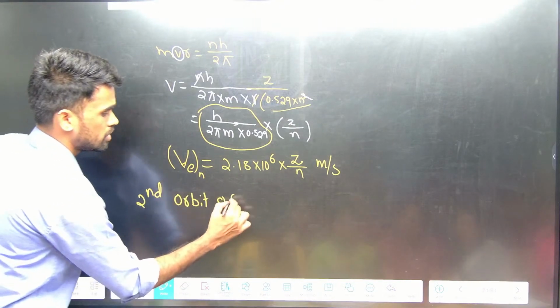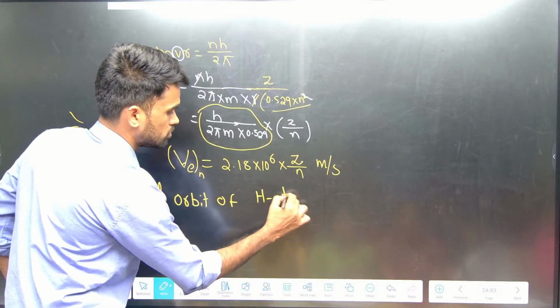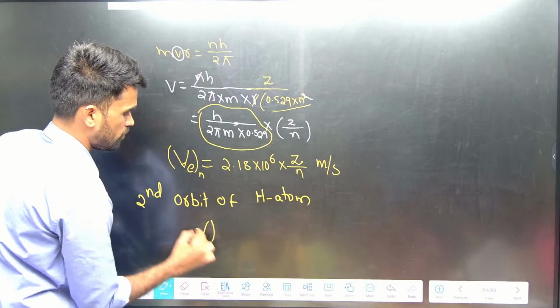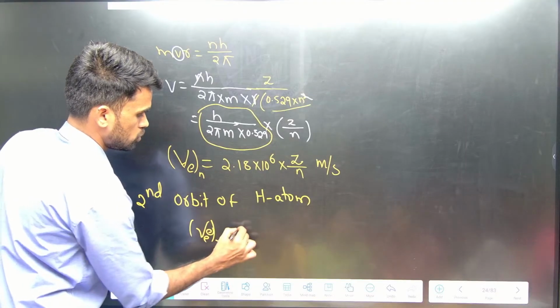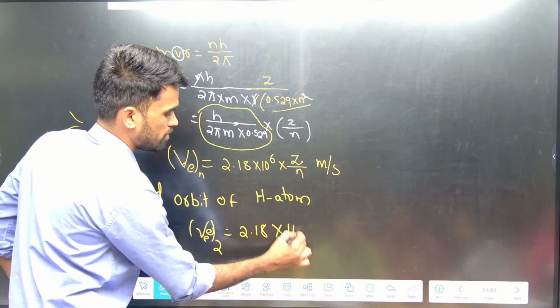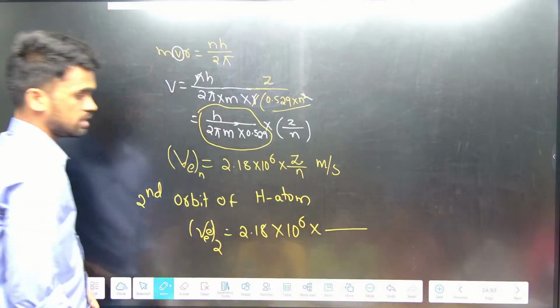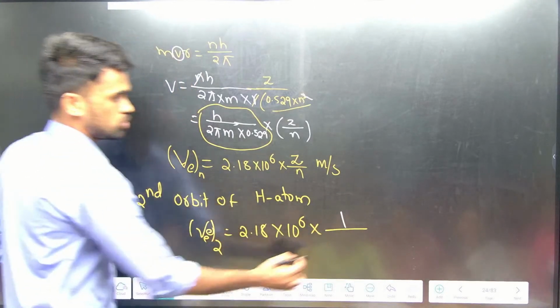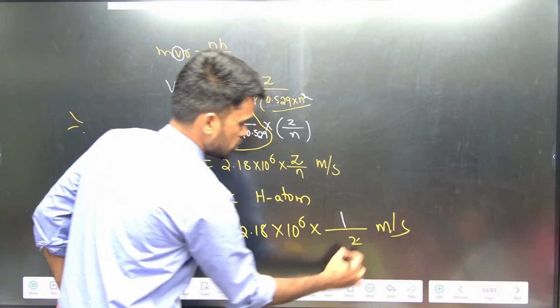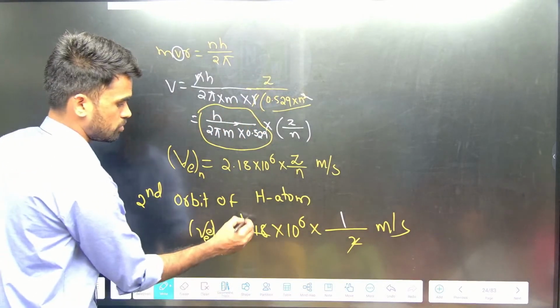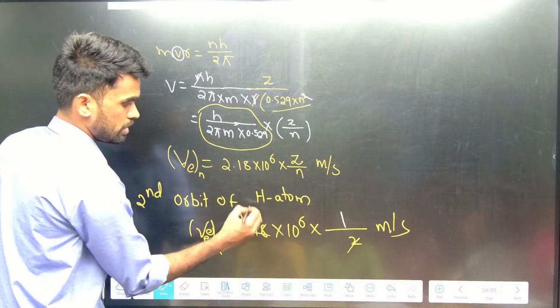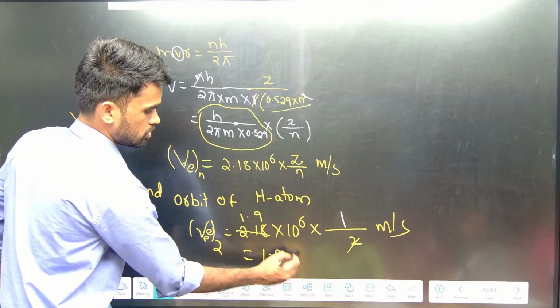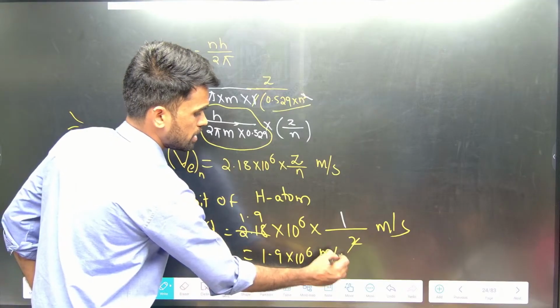So V of 2 is 2.18 into 10 power 6 into Z, where Z is 1 by 2, meter per second. So this will be cancelled out, giving 1.09 into 10 power 6 meter per second.